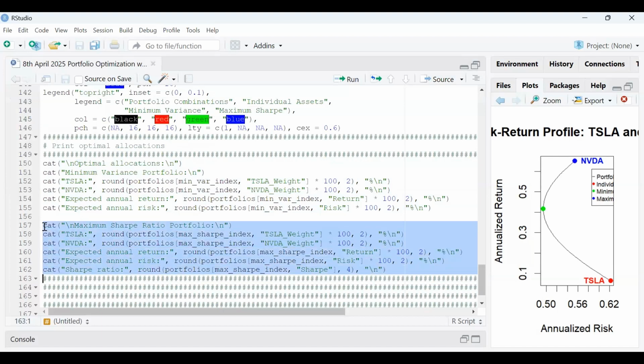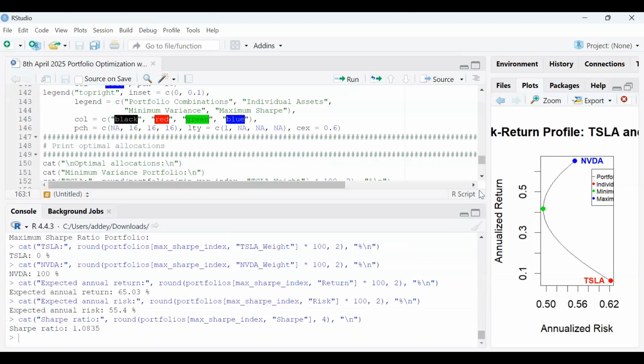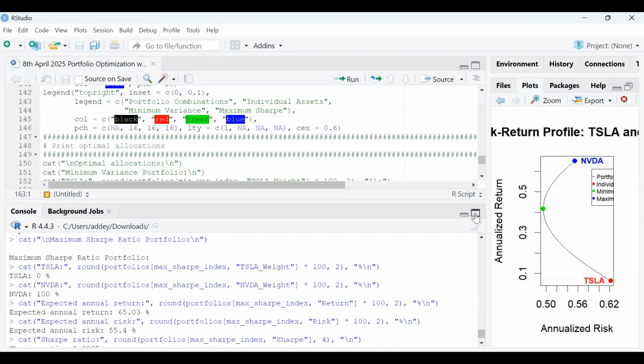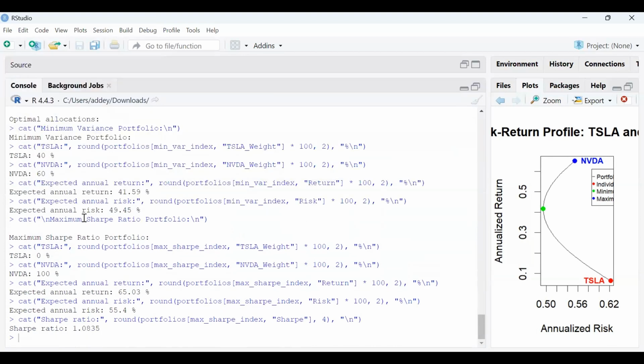Now, how does this compare to the tangency portfolio or my maximum Sharpe ratio? So let me run that and see. If I decide to select the tangency portfolio instead and allocate my investments according to the maximum Sharpe ratio, of course, that means I will not allocate any amount of money to Tesla.